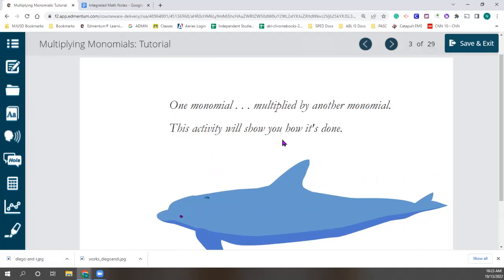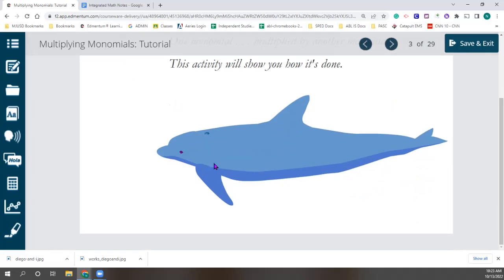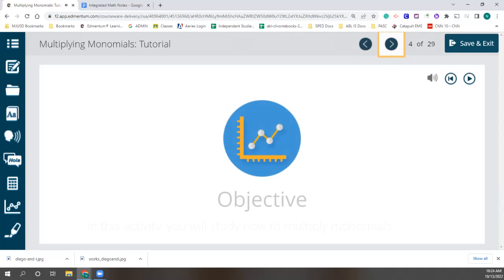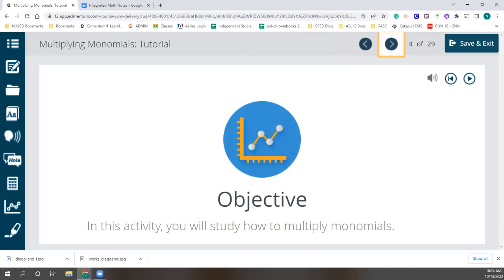This activity will show you how it's done. And there's a picture of a dolphin. How random. So the click to speech doesn't work for this one, but the play button does.